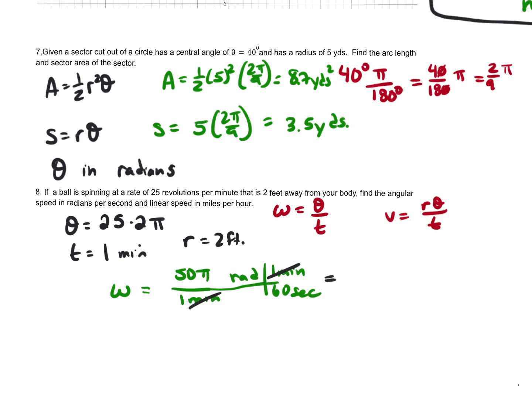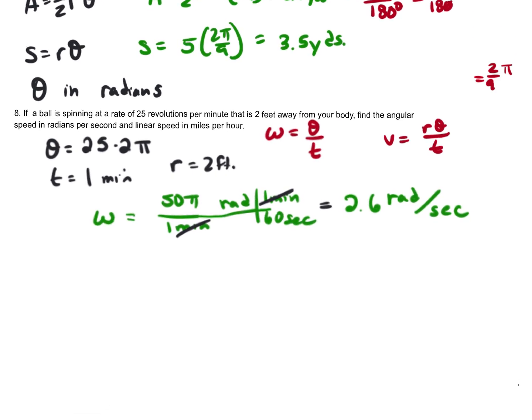So in our conversion, we just have 50 pi divided by 60, which is 2.6, if I'm going nearest tenth, and that would now be in radians per second. Let's go ahead and do linear speed as well.